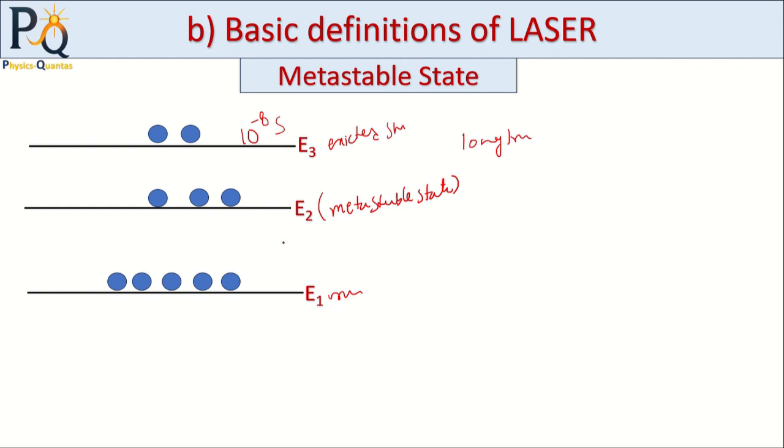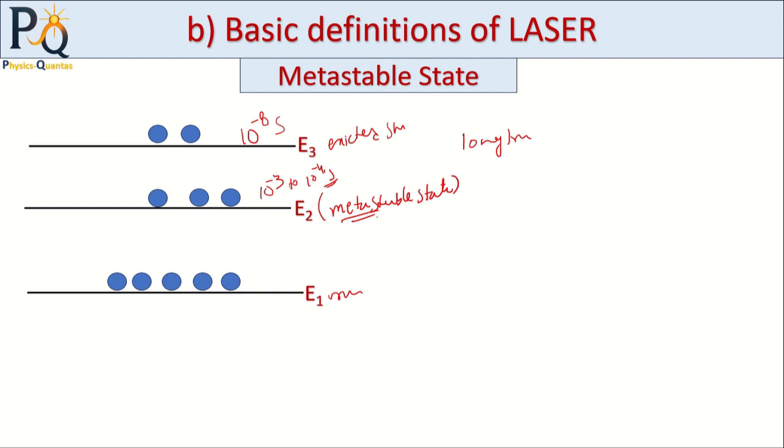They are going to stay in the E2 state around 10 power minus 3 to 10 power minus 4 seconds, so a little bit more than this. Such energy states are called metastable states, and the availability of a metastable state is very important while producing laser. That is called a metastable state.